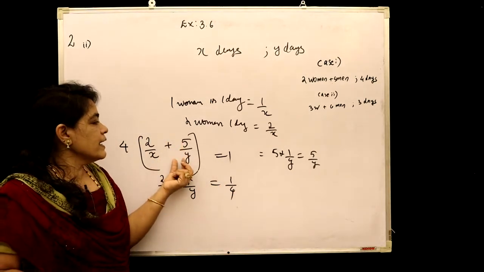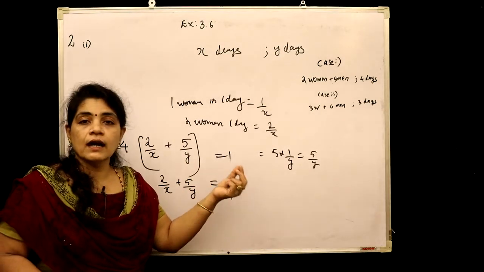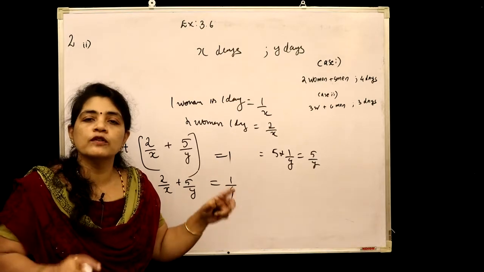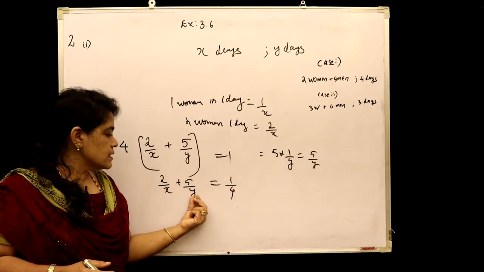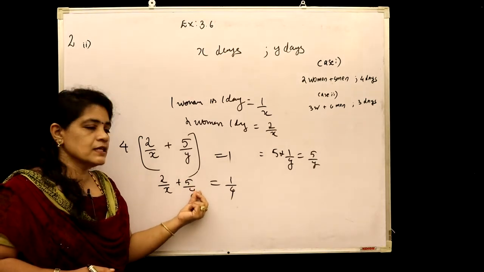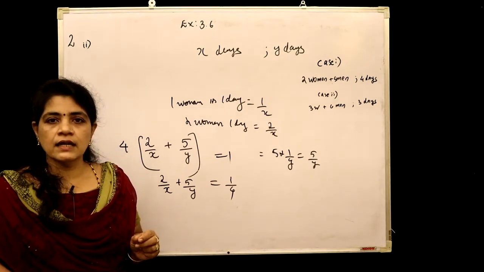Or you can write it directly this way: in 1 day the work completed is 1/4 of the whole work. In this way also you get the same equation, 2/x plus 5/y equal to 1/4. Is that idea clear, children?